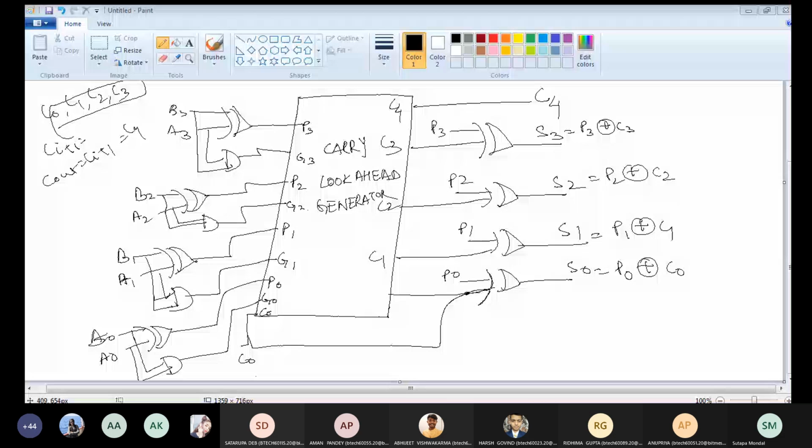Okay, is it clear? Yes, ma'am. Need not worry. If it is impossible for you to understand the derivations, the equations which I have written, whoever has any doubt can ask me in the next class. Definitely I will explain once again to you all.